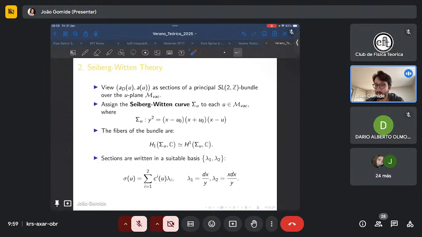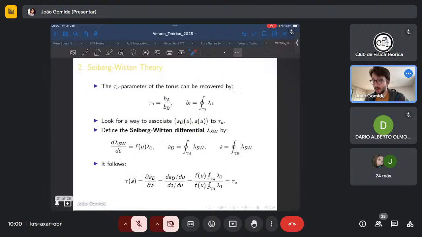But the thing is that after we have all these monodromies, we will say that AD and AU will be related to a new object, which is this Seiberg-Witten curve, which is a torus we associate at each point in the moduli space of vacua. And basically, AD and AU will be functions that we take on this torus.